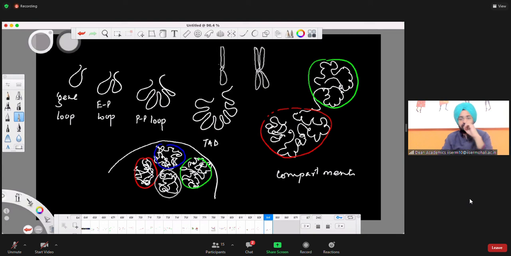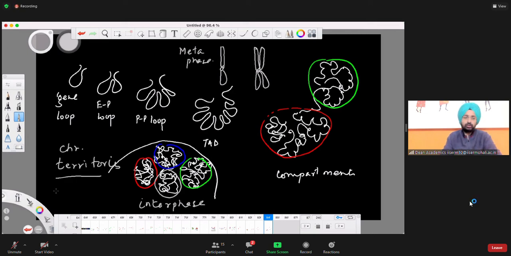Even in the microscope, you can see that these are your metaphase chromosomes. Actually, in interphase, it remains dispersed like this. There is a defined chromosomal territory space for each chromosome, and the location of these territories is evolutionarily conserved. These are called chromosomal territories. So this is what the summary is so far.